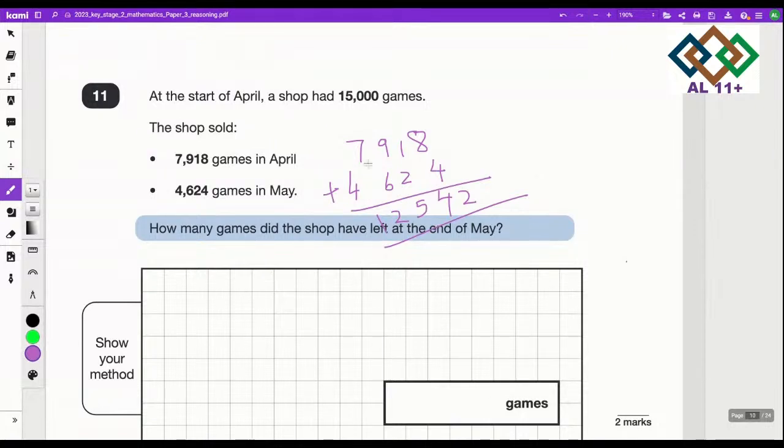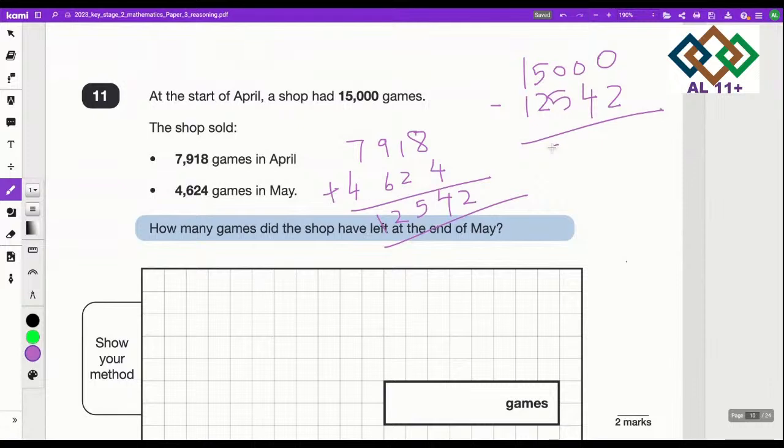So let's do it now. What answer will you get?